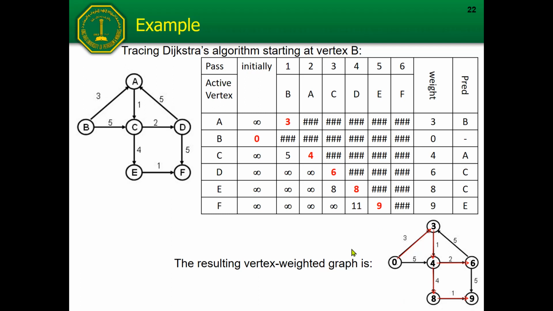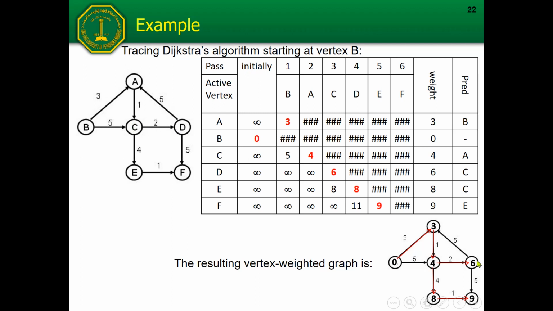Look at this. When we travel, we start with B, right? After that, we go to A. We do not go to C from B, right? So we go to A. That's why here, this part. Then from A we go to C. Then when we are in C, we go to D. That's why over here.